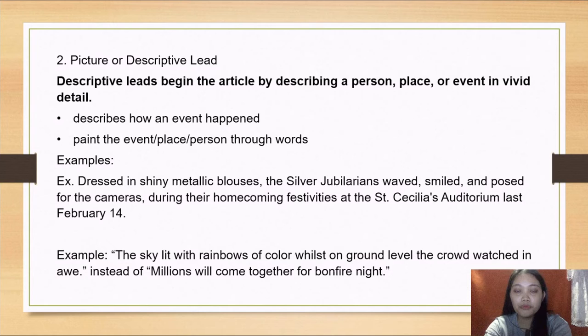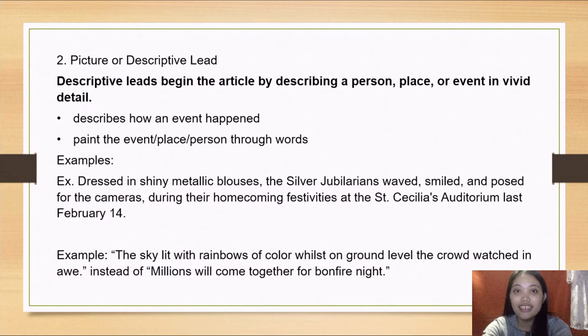So to sum it all up, a descriptive lead describes how an event happened rather than simply telling what that event is all about. The writer tries to paint the event, place, or person through words. This lead can help in creating the mood of the story, right? Therefore, the journalist must be as descriptive as possible.